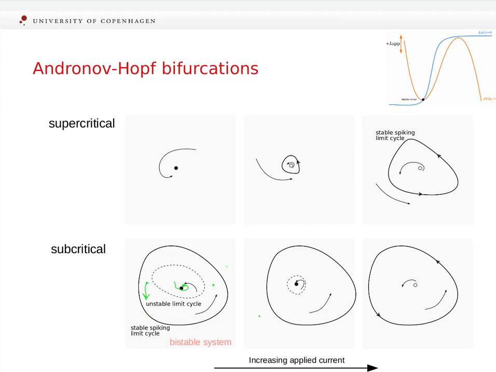But as we increase the applied current, the unstable limit cycle becomes smaller and smaller, and finally it shrinks right to the stable focus, and as it touches the stable focus it loses stability. So finally, just after the bifurcation, there is just an unstable focus and a stable limit cycle. And what we will see here is again a hard transition from resting to spiking, in contrast to supercritical Andronov-Hopf bifurcation.